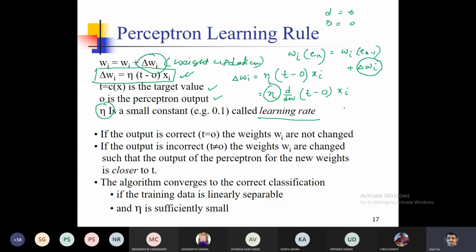I think you recall these things. That is basically the one-dimensional error space, and this is basically a gradient. If this eta is very low, it is very slow, coming slowly to the minimum.